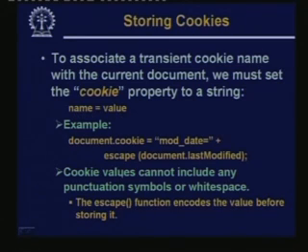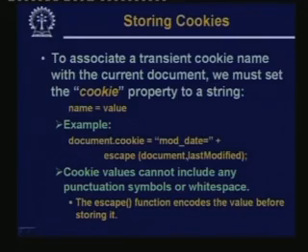An example is shown here. For the present document, document.cookie equal to, I can write first a string. This is the name I am giving to the cookie, mod_date equal to, this is the string, concatenated with a function escape which contains document.lastModified.